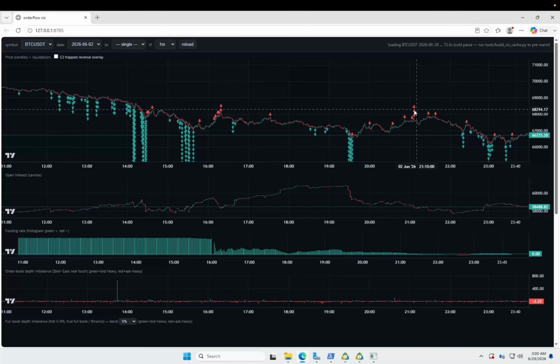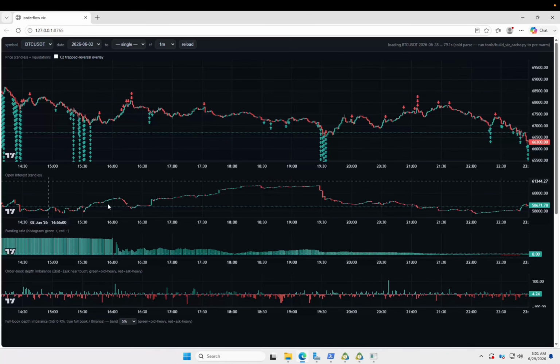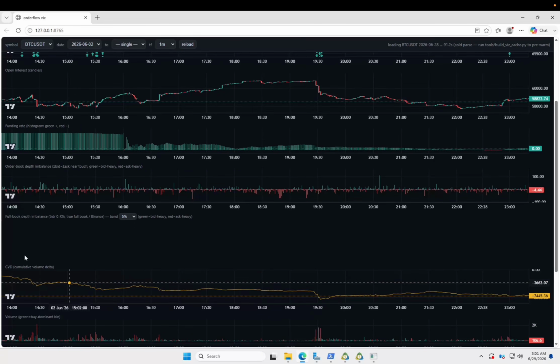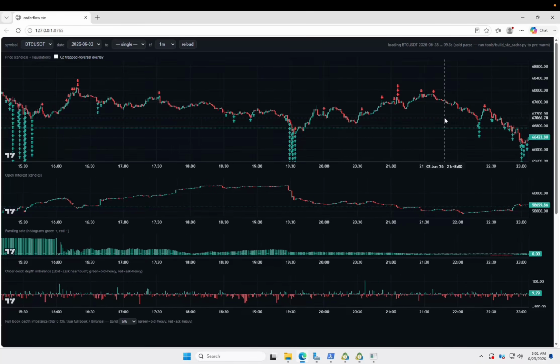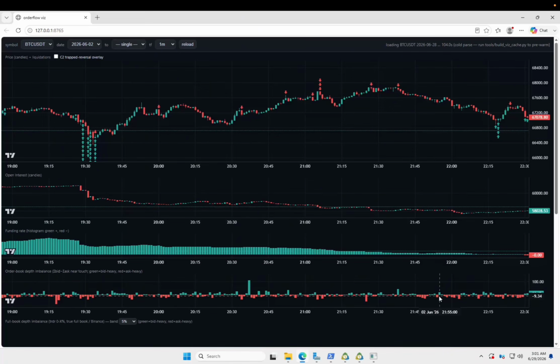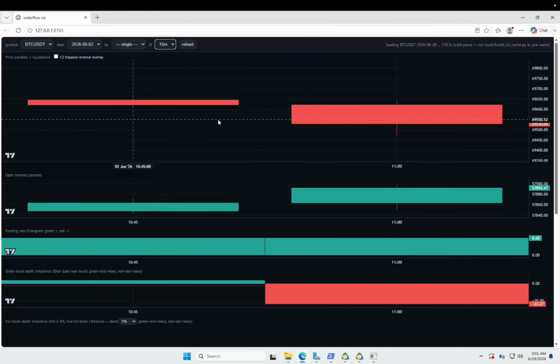Very similar UI, right? You see panes, you see open interest, you see funding rate, you see order book depth, and cumulative volume delta. So that means I'm actually able to create algorithmic strategies, use this data, and find interesting patterns or confluences or whatever.